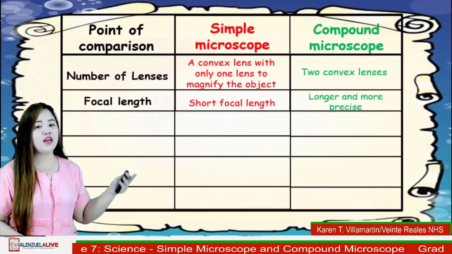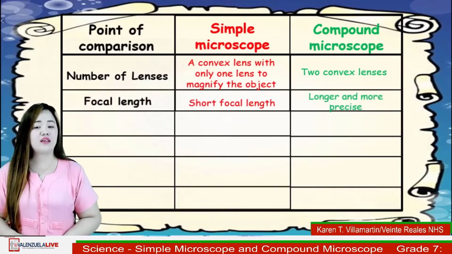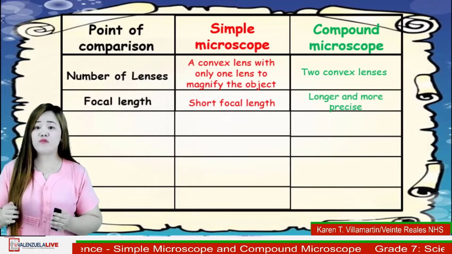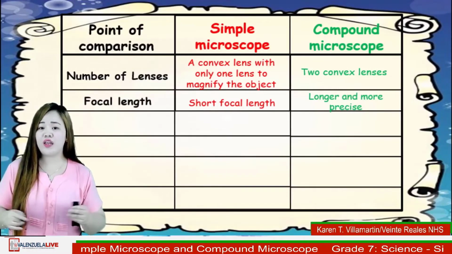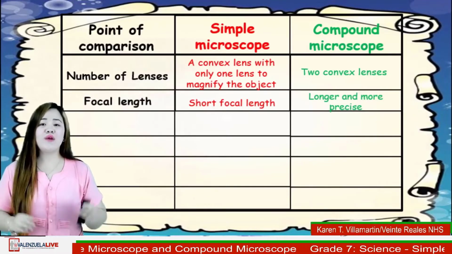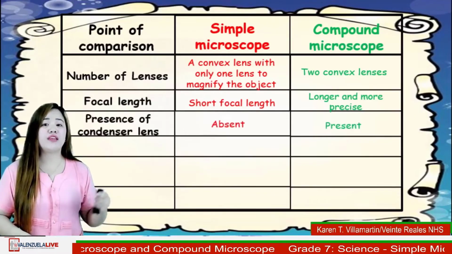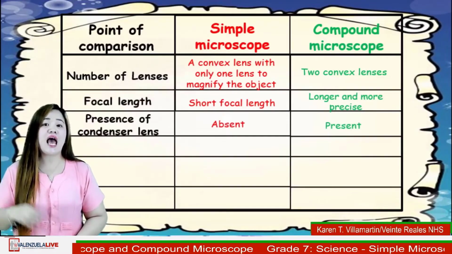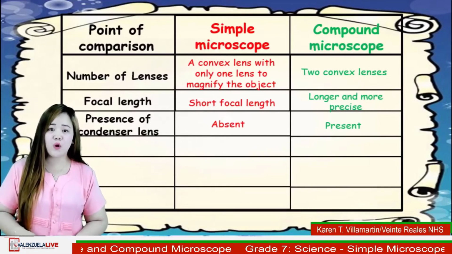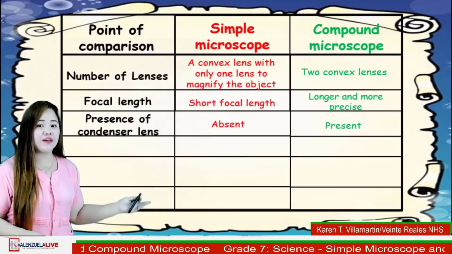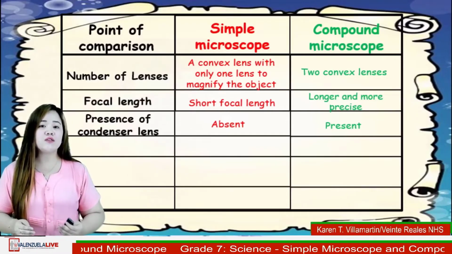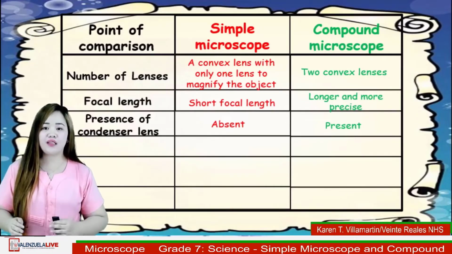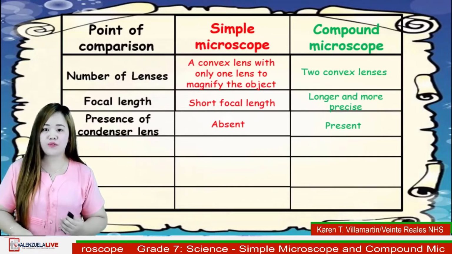In terms of their focal length, simple microscope has short focal length, while compound microscope has longer and more precise. When it comes to the presence of condenser lens, it is absent in simple microscope, while in the compound microscope, condenser lens is present, which is used to adjust the intensity of light for magnification of objects.